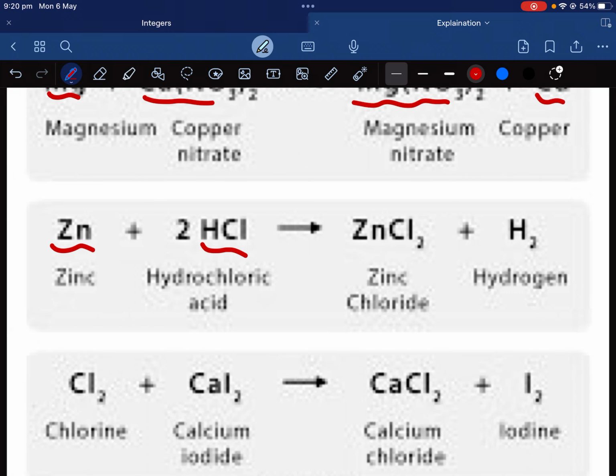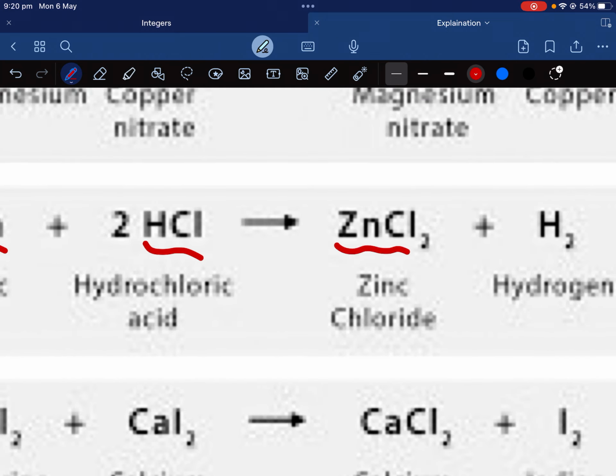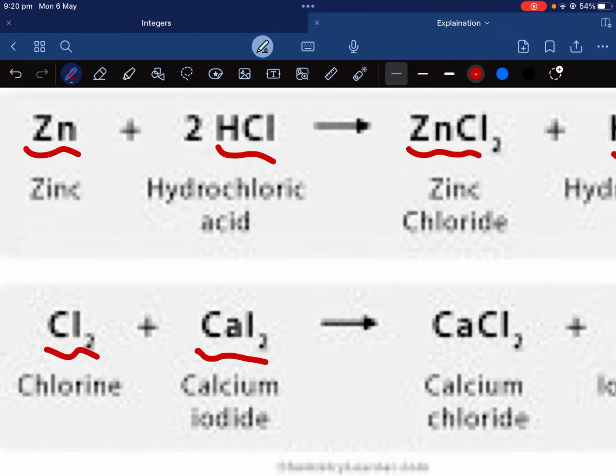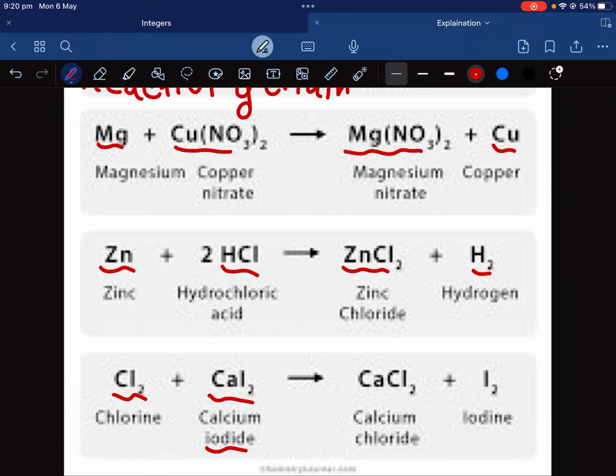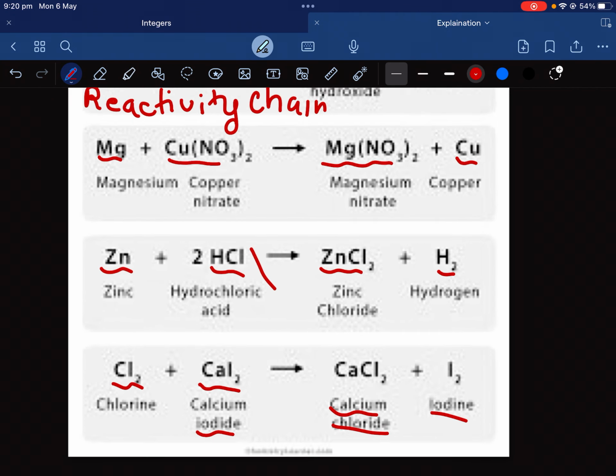Since zinc is more reactive than hydrogen, zinc replaces and becomes zinc chloride plus hydrogen. We have the last example, that is chlorine plus calcium iodide becoming calcium chloride plus iodine.